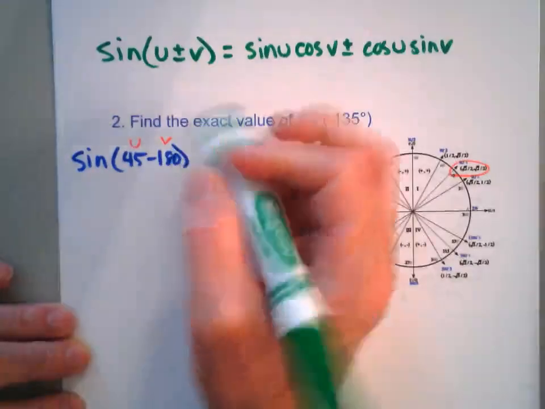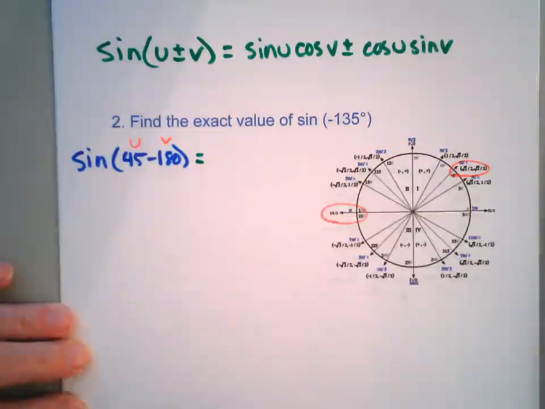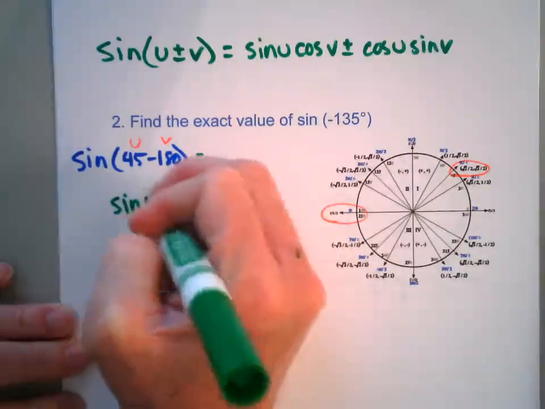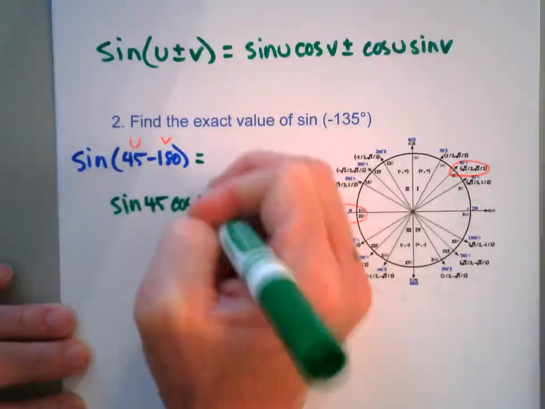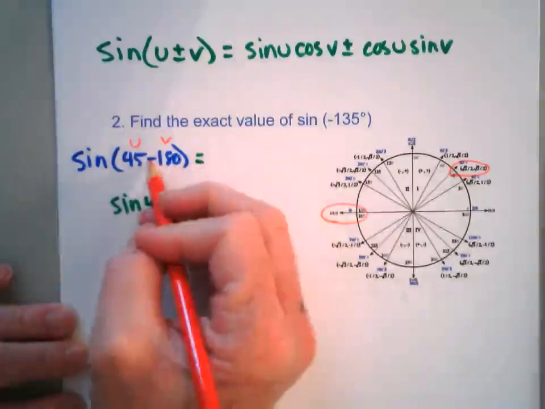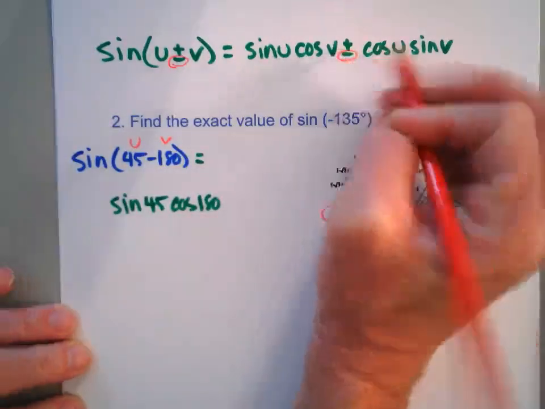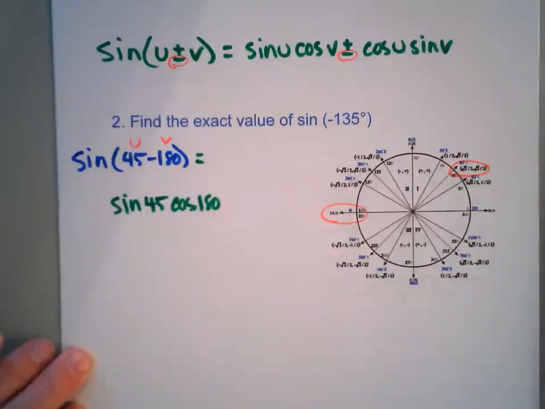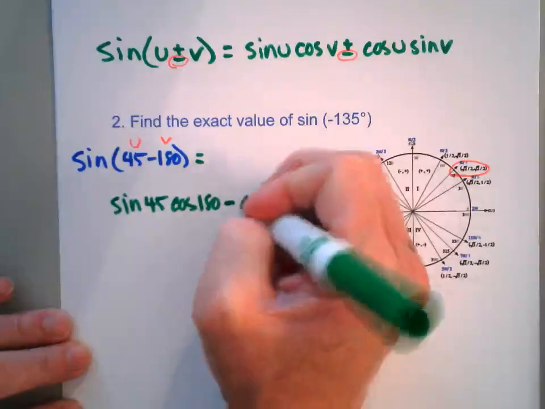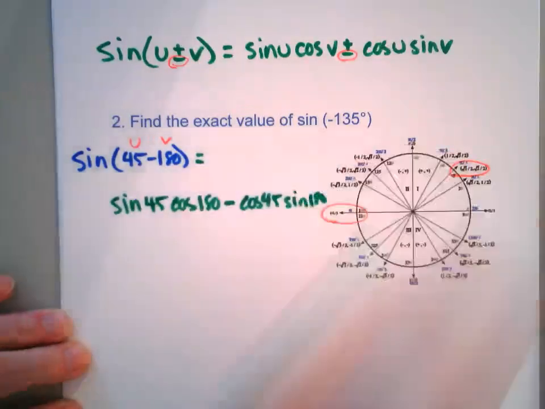Kind of ran out of room here. So it's going to be sine of 45 cosine 180. All right, let's check this. Since we're doing a subtraction, we have subtractions on the bottom, so we'll use subtraction right there. Minus cosine 45 sine 180.